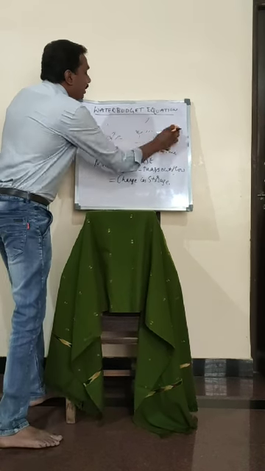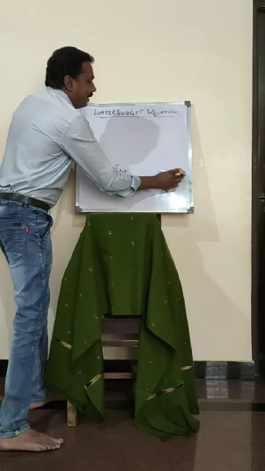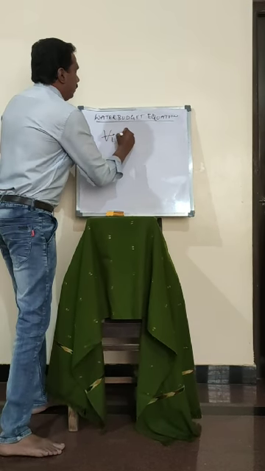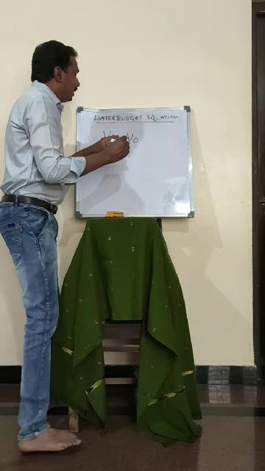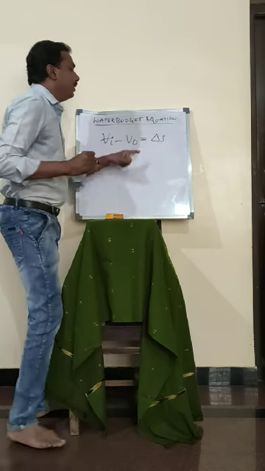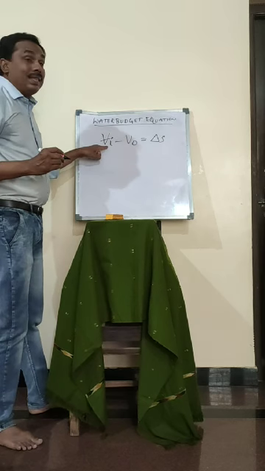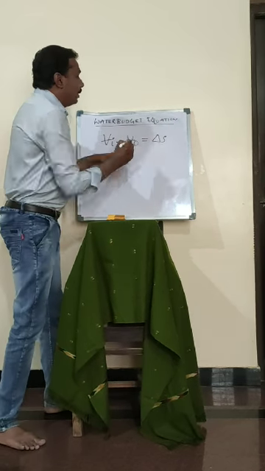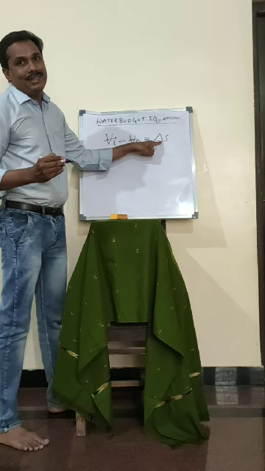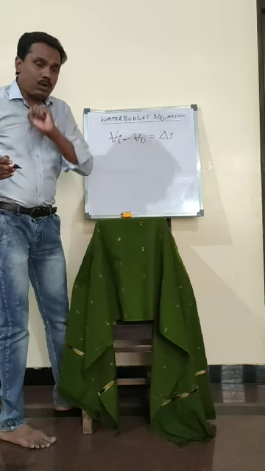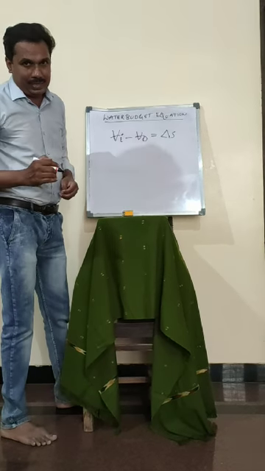It is denoted as mass inflow minus mass outflow, and there will be a change, delta S. What is this? This is mass inflow minus mass outflow equals change delta S. I am talking with respect to the water budget equation, that is in the catchment area.